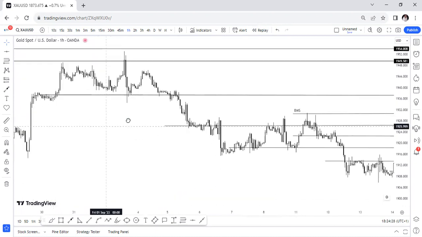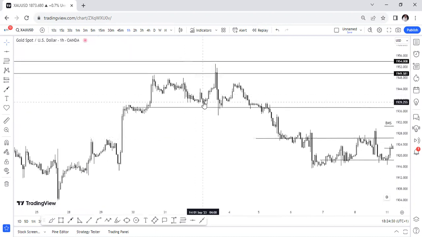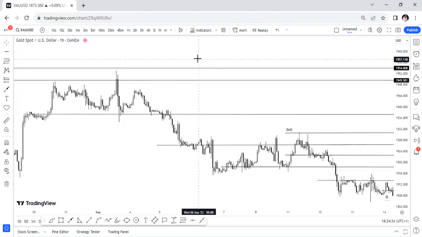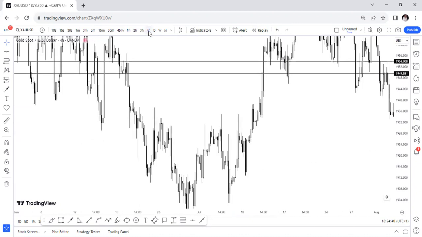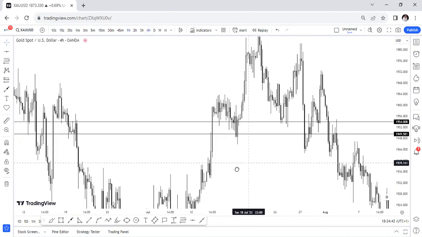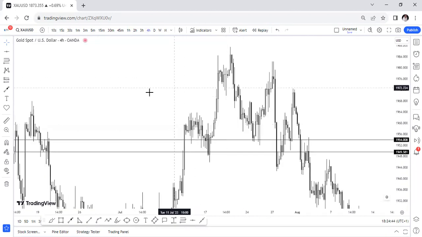Okay, no wonder. You can imagine all these are fresh levels. On 1 hour, we will still go down to 15 minutes, 30 minutes, to see a possible fresh level that the price will react to.